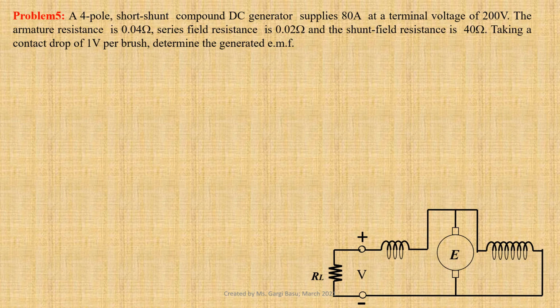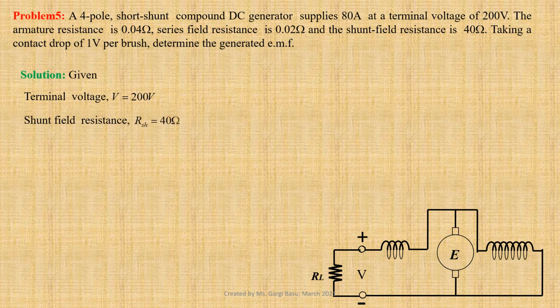Let us first jot down the given data. Terminal voltage V equals to 200 volts. Shunt field resistance RSH equals to 40 ohm. Series field resistance RAC equals to 0.02 ohm.